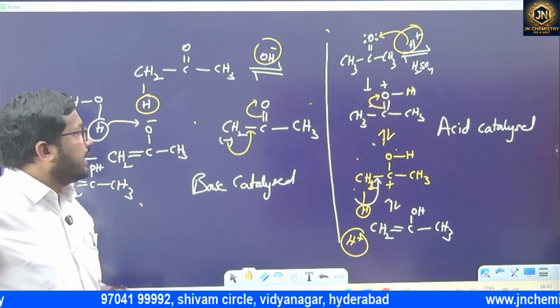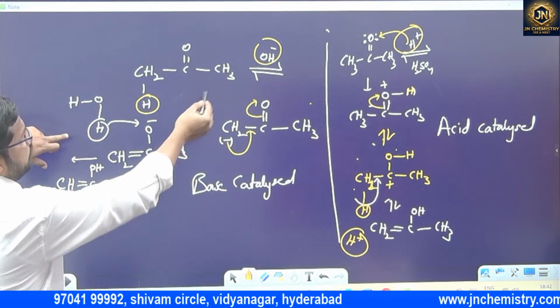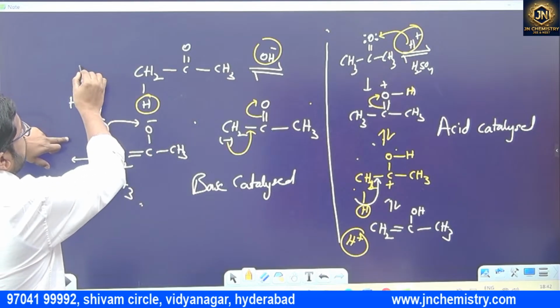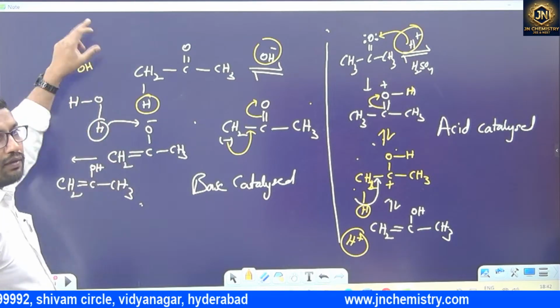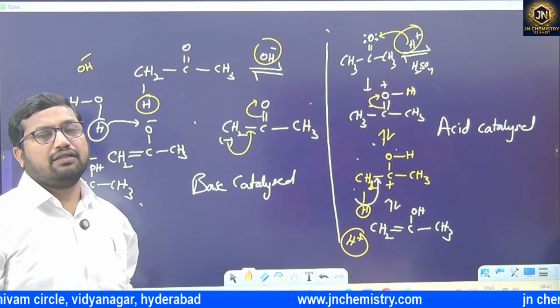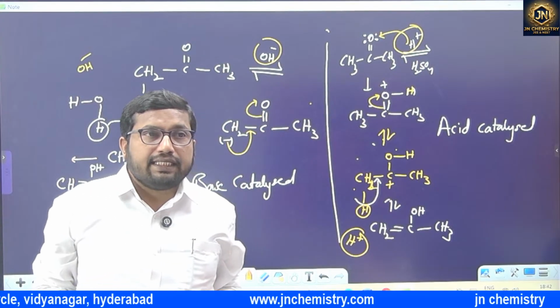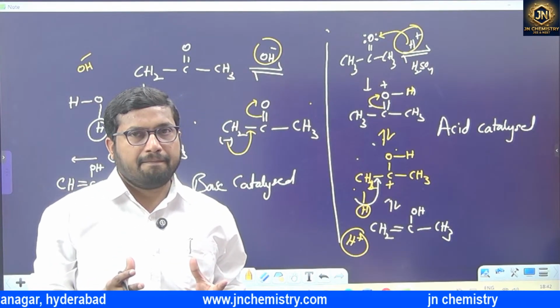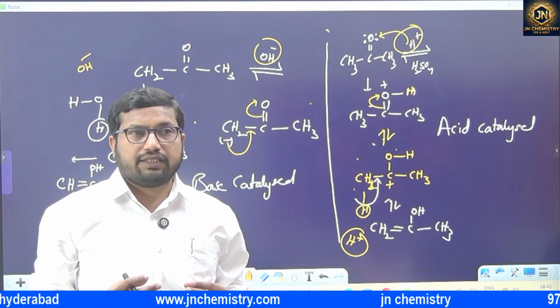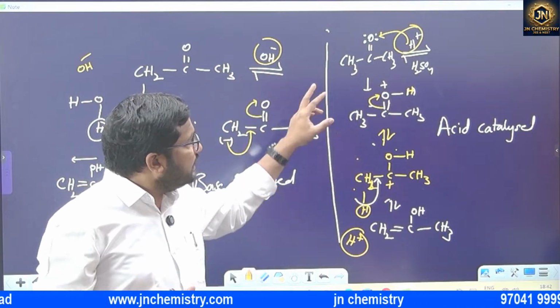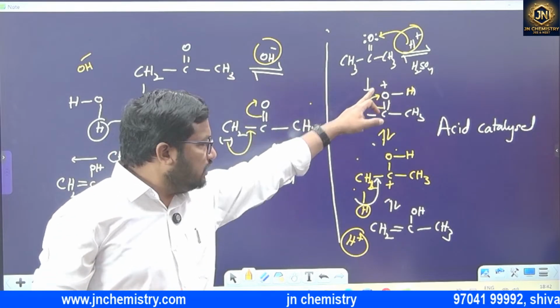Here also OH we added, and OH is going out. Whatever, catalyst means what? It increases the rate of reaction, and it comes out as it is. Whatever H plus we added, the H plus came out.